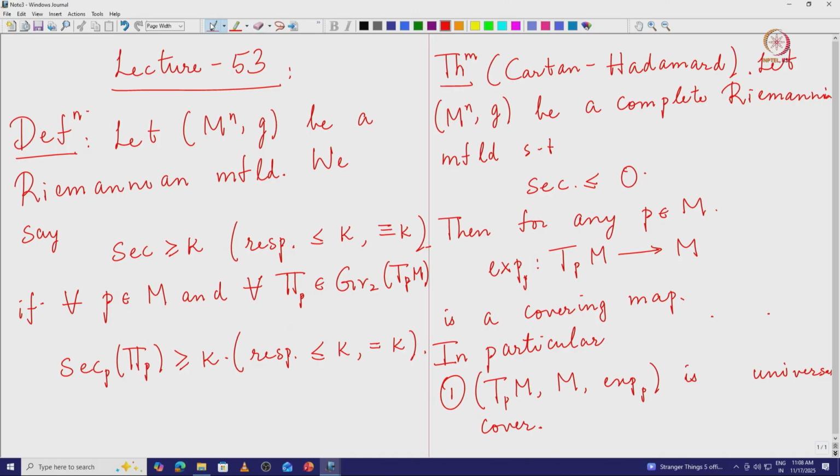So, I should replace a with the. So, in other words, the universal cover of M is isomorphic to R^n, because the tangent space is diffeomorphic to R^n, right.